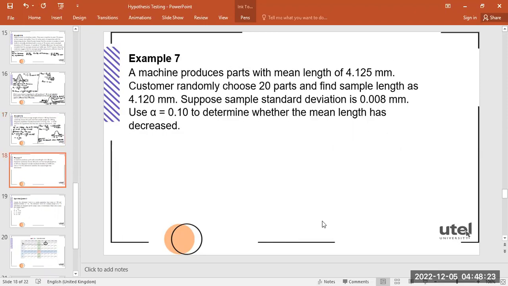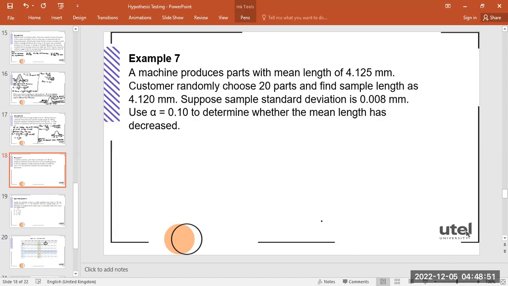Now let's make another progress and see where we are going to make use of a t-score as opposed to a z-score. I will quickly tell us why we have to use a t-score, so that we can easily know when to apply a t-score and when to apply a z-score. Now the question says a machine produces parts with mean length of 4.125 mm.